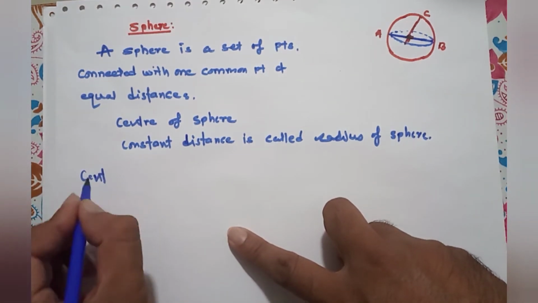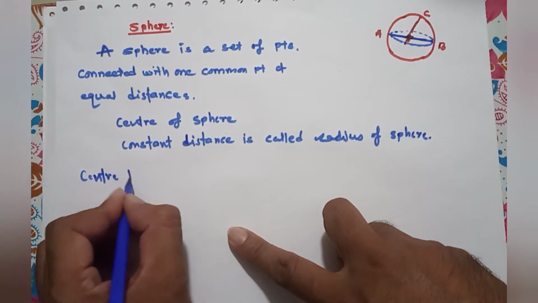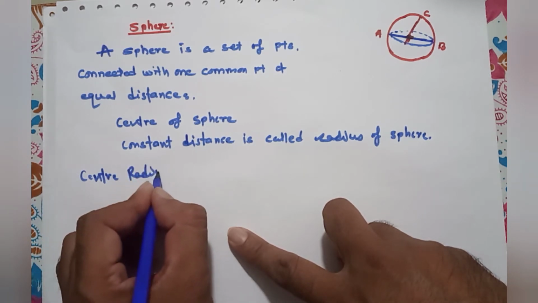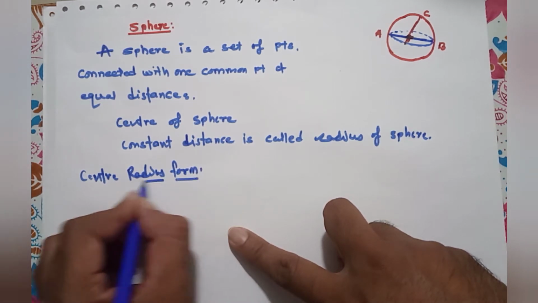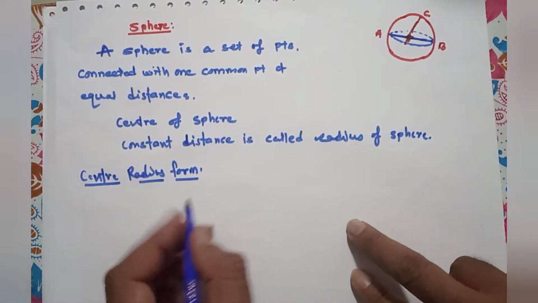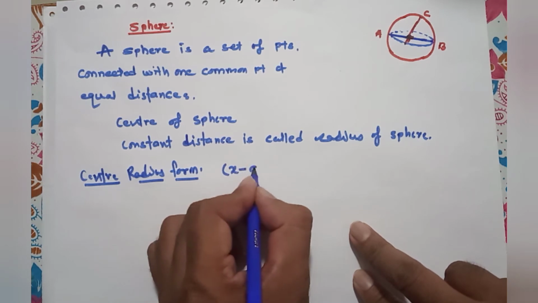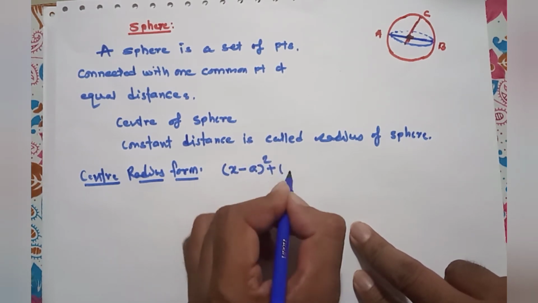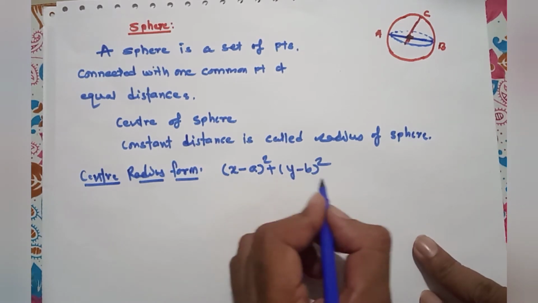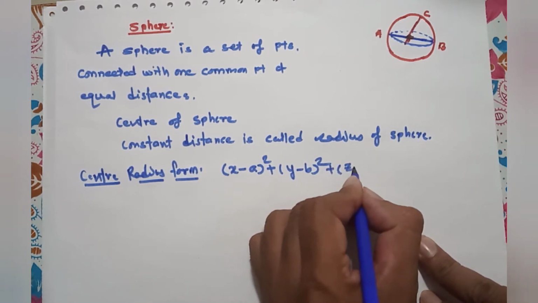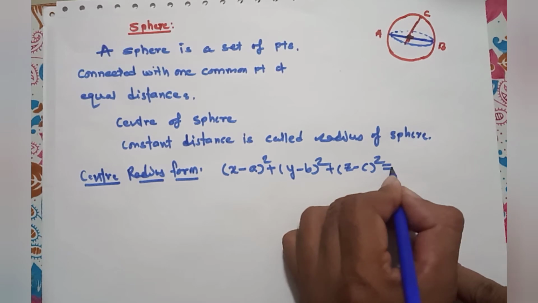So what is the center radius form of the sphere? The center radius form of the sphere is (x minus a) whole square plus (y minus b) whole square plus (z minus c) whole square equal to r square.